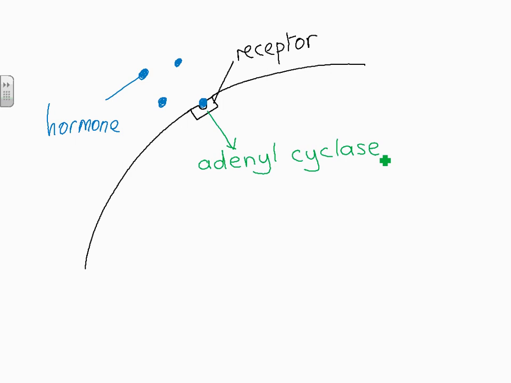Cyclase, well, that sounds like a circle, doesn't it? A cycle. And what this enzyme does, so let's label it an enzyme, is that it starts with ATP. I'm not going to change colour again because it's just getting a bit ridiculous. And it converts ATP. I think it starts with ATP. Now I've said it, I'm not convinced. I think it does.